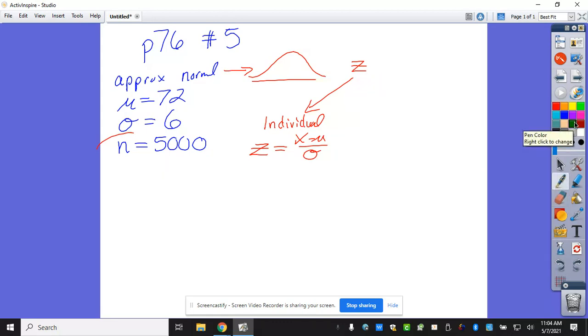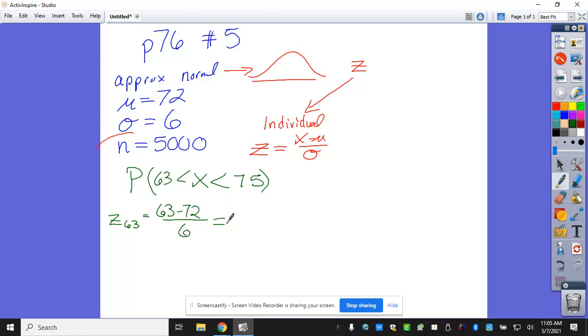So I want to figure out what's the probability that one individual is between 63 and 75. What am I going to have to do because I have 2 of them? Find the z of both. So I'm going to have a z for 63: 63 minus 72, negative 9 over 6, negative 1.5.